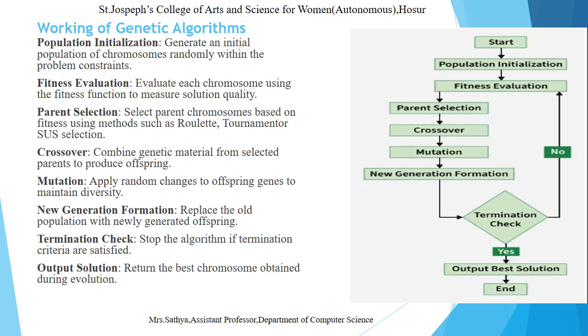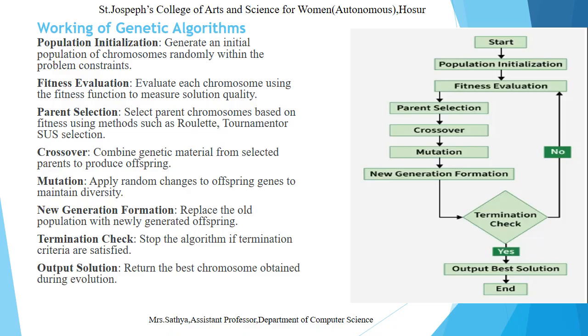This cycle repeats for multiple generations. Over time the average fitness of the population increases, and finally we obtain an optimal or near optimal solution, the best output solution for the user.